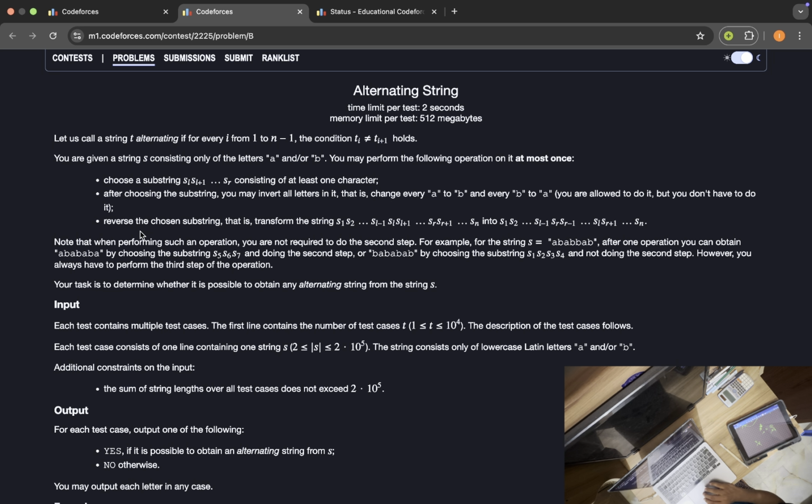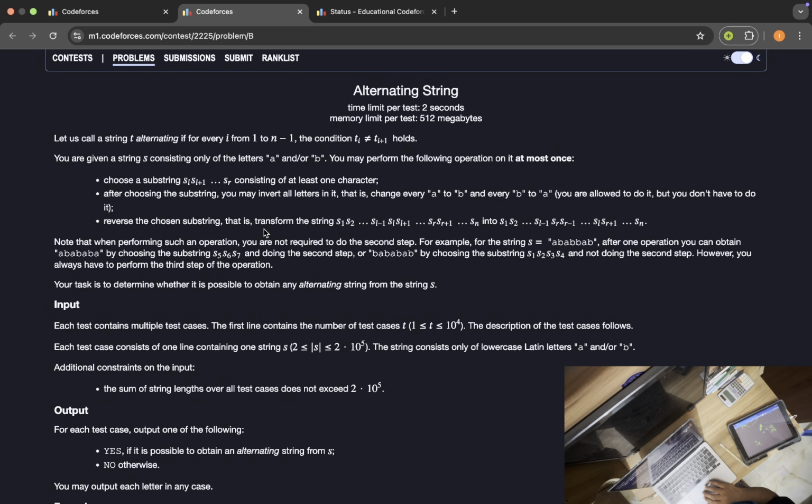Okay. Reverse the chosen substring, that is, transform the string. After choosing the substring you may invert. Okay, invert.